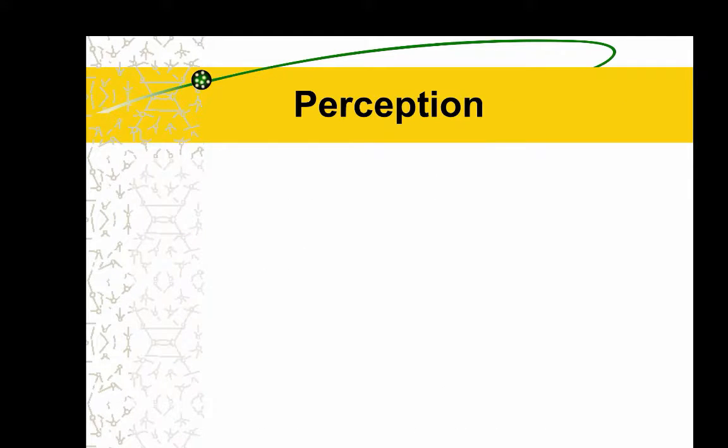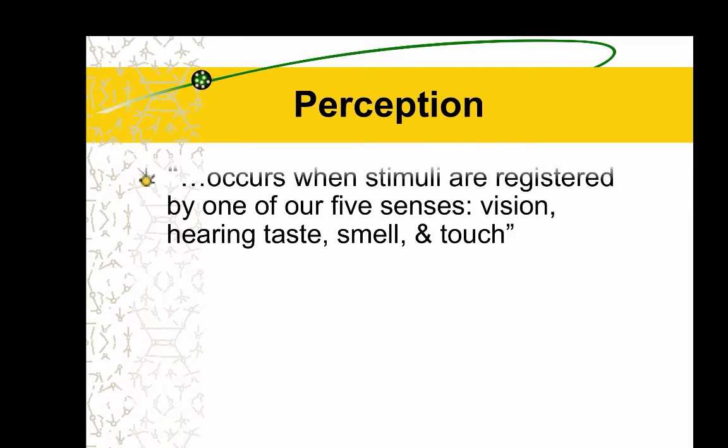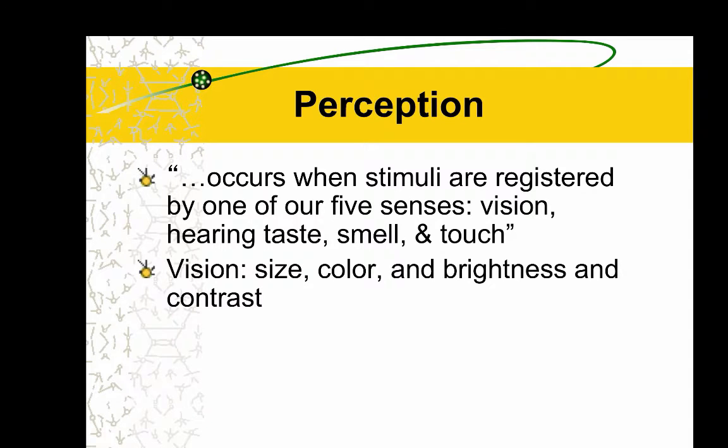If exposure and attention are sufficient, the stimulus may reach one or more sensory registers and be perceived through one of the five senses. Processing of stimuli depends on the sense being used. Visual stimuli are influenced by the important factors of size, color, and brightness and contrast.